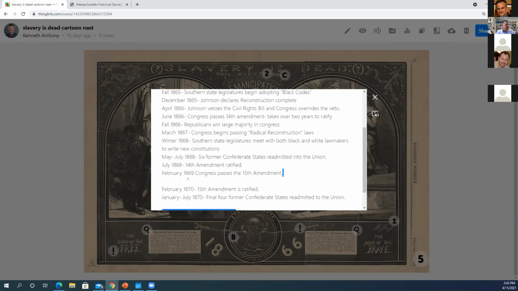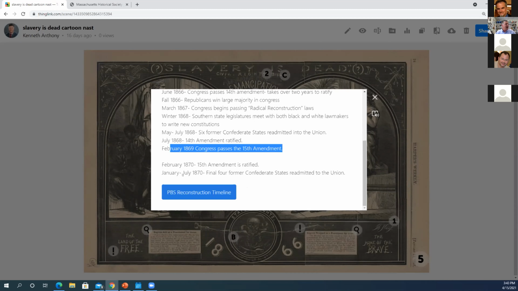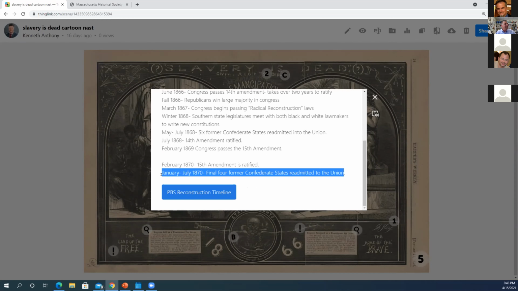Congress ends up passing the 15th Amendment, which covers voting. And so you have all these different events, but Congress makes the ability for these Confederate states to go back in the Union depend on passing these amendments.